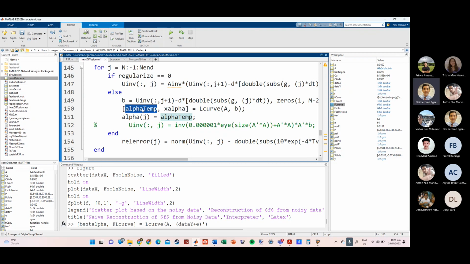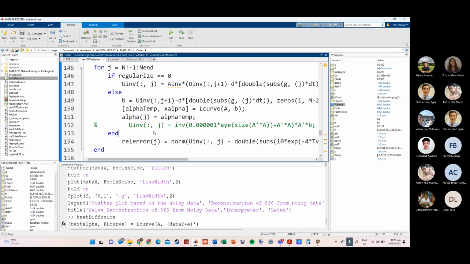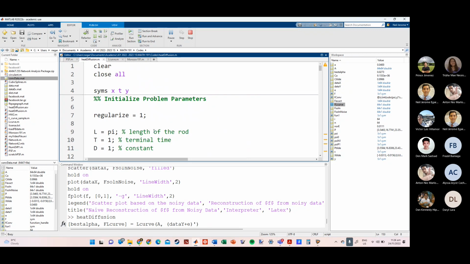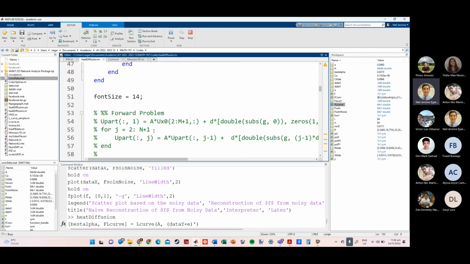At kung i-run nyo to, sorry, overtime na, pero hindi ko natatapusin yung run, pero I'll hit F5. Sana mas mabilis kasi 10 by 10 lang naman dito yung matrix A. Kasi remember, ito yung heat diffusion process.